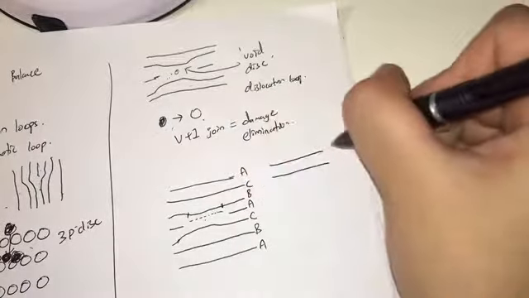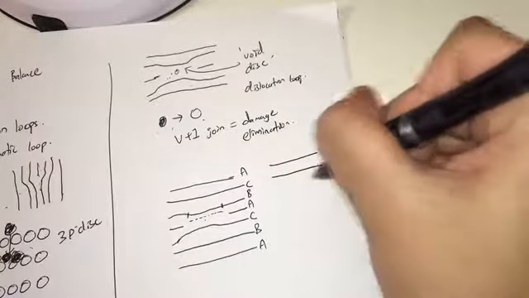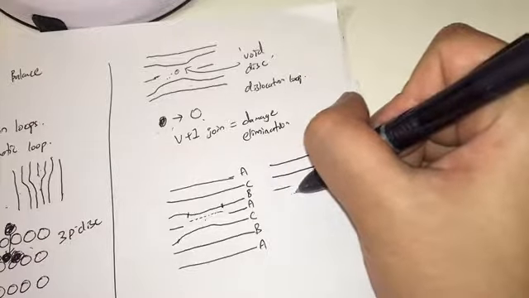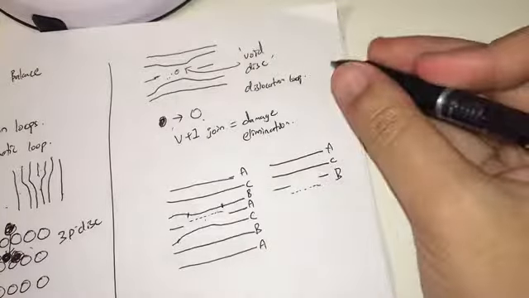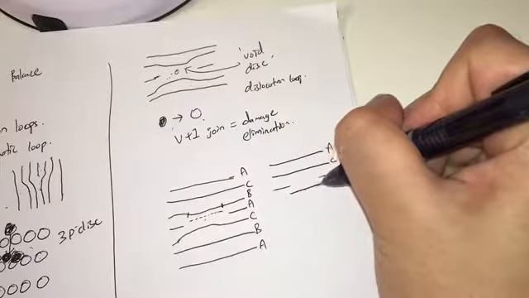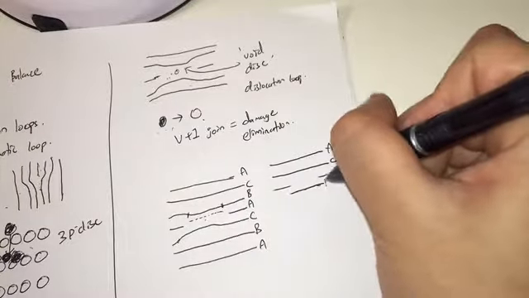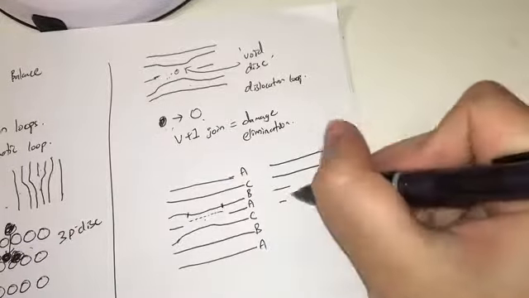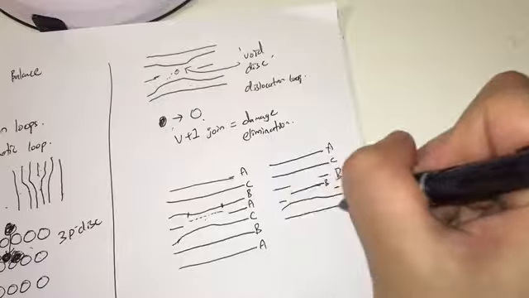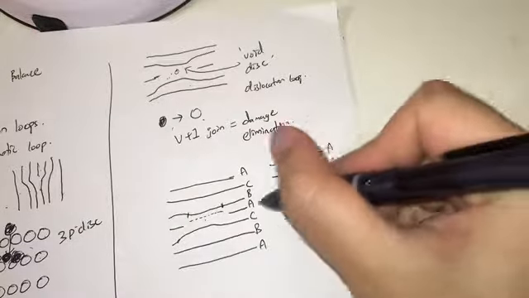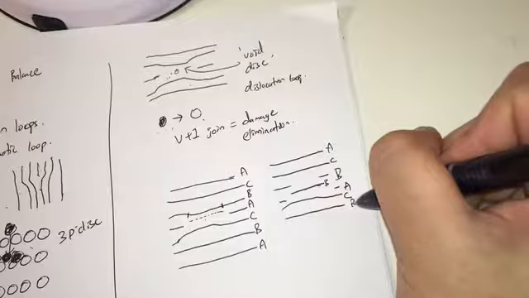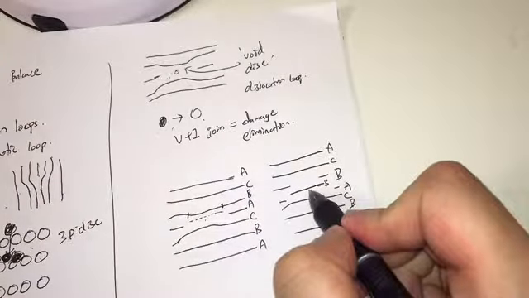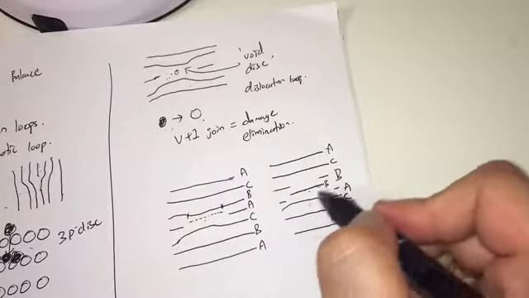A, B, C, A. A, C, B. So this B will have this dotted line that's coming down. Okay? This is also B. And this is A here. And this layer is the same layer here, C, B, and A. Okay, so this B kind of moves down to try to lessen the strain.